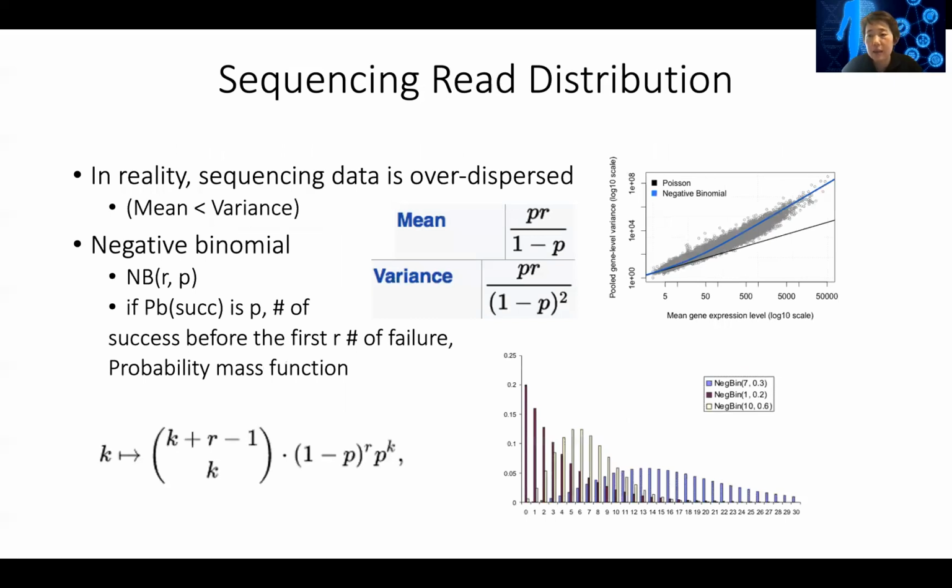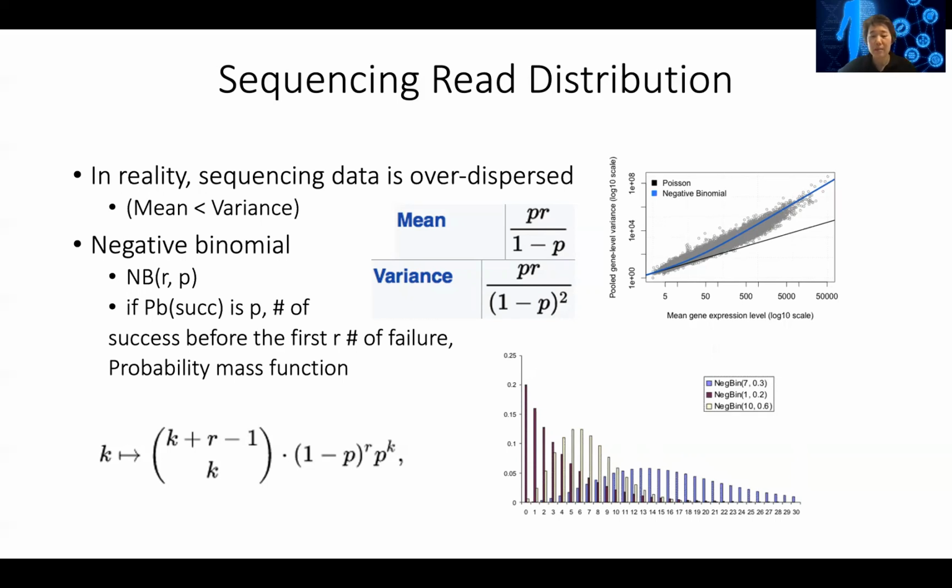Interestingly, for RNA-seq reads, we can first draw a figure like this, where you look at expression data in many, many different samples. The x-axis is the average expression of one particular gene across the samples, and we take a log, and the y value is the variance of this gene across all the samples.